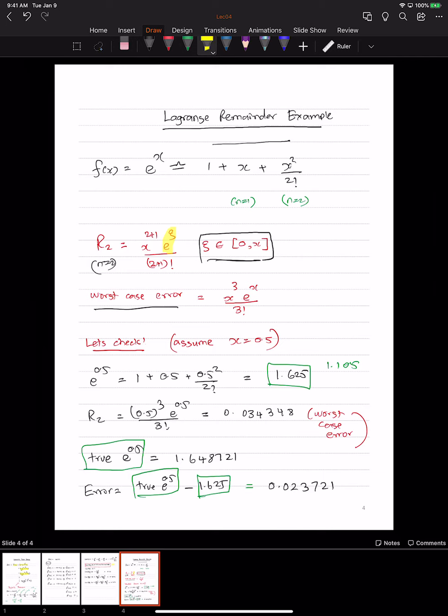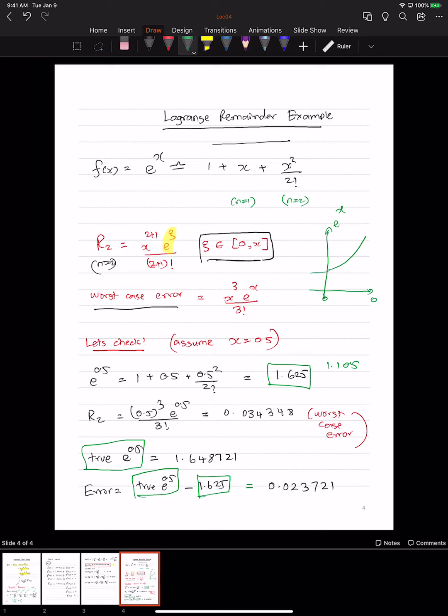If you think about the function e to the power x, it is something like this. When x is equal to 0, it is small, and for values greater than that, it increases.